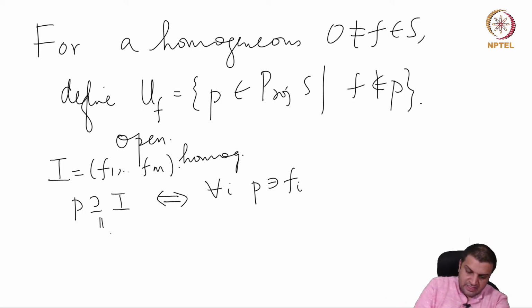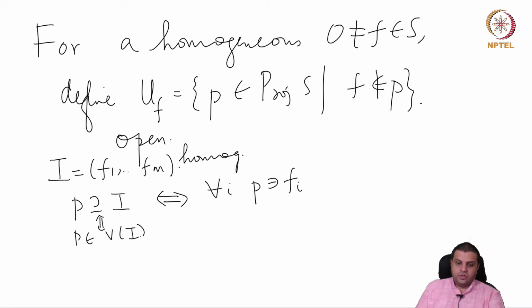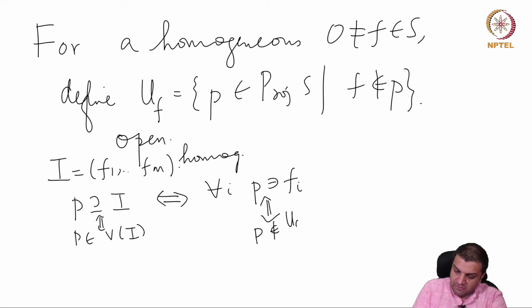This is the condition that P is inside V of I, where P is also homogeneous prime in this equation, and this is the condition that P is not inside UFi. So P is in V of I if and only if P is not in UFi for all i.